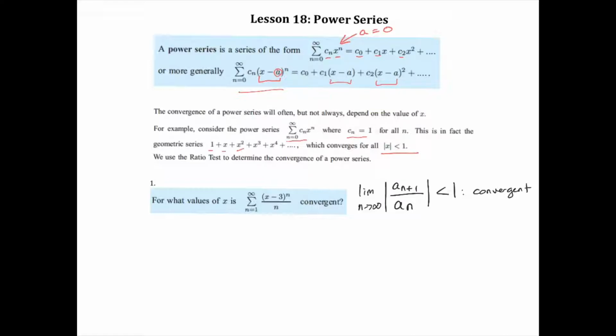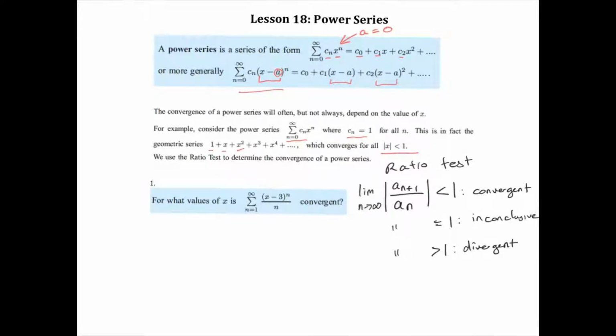And what if it's equal to 1? Inconclusive. What if it's bigger than 1? Divergent. Okay, so that's a little reminder of the ratio test if you need it.